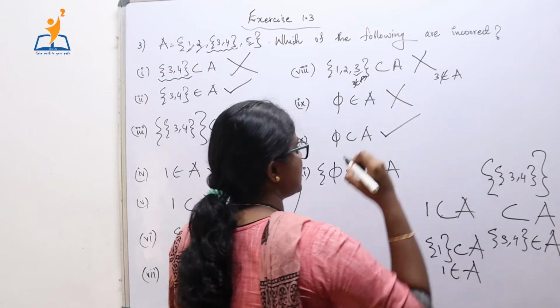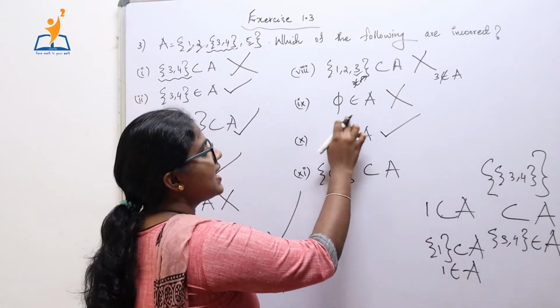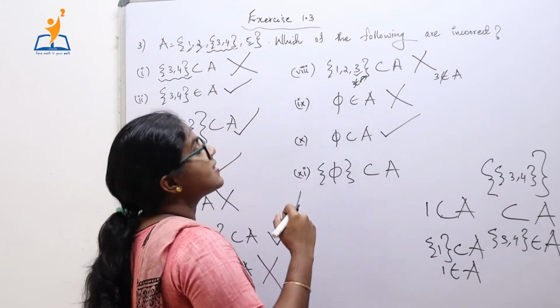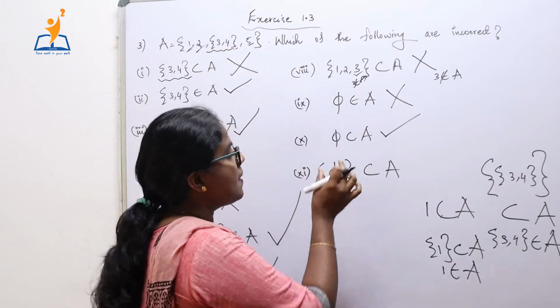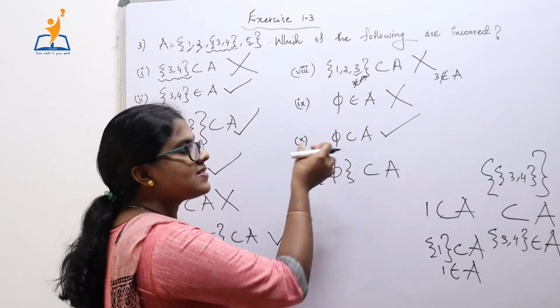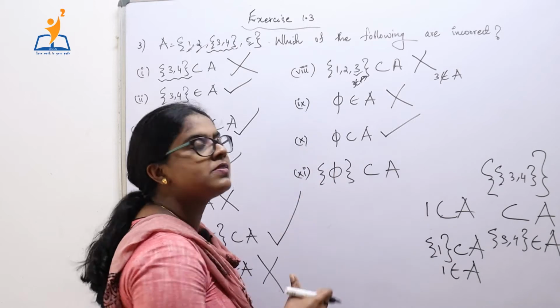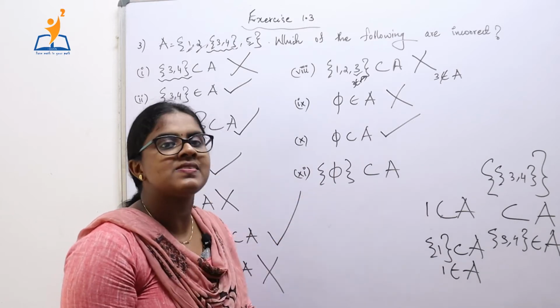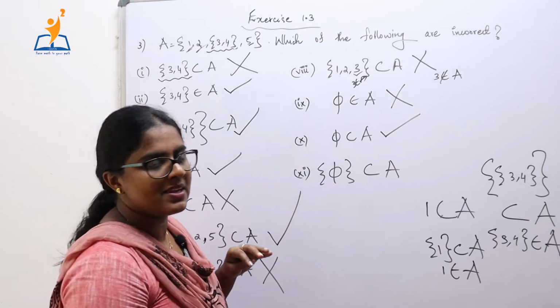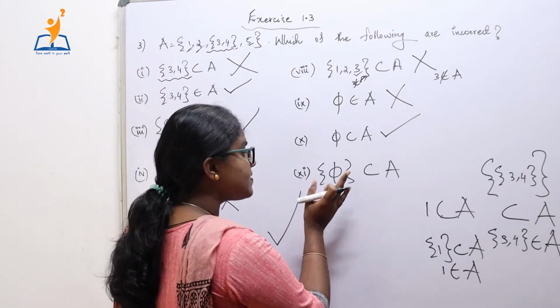So this statement is correct. See the difference? Here 5 acts as the symbol, and that particular symbol does not belong to our set A. But here we consider 5 as a set, that is the empty set. So the empty set is a subset of A, which is a true statement.